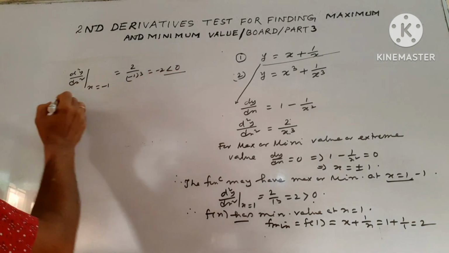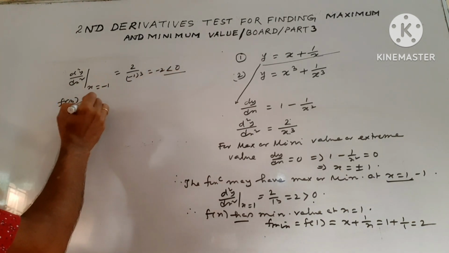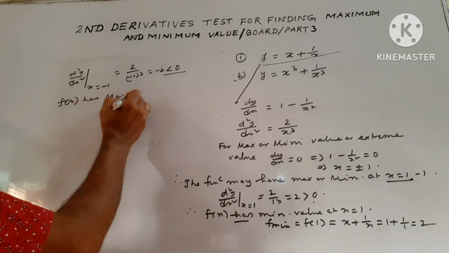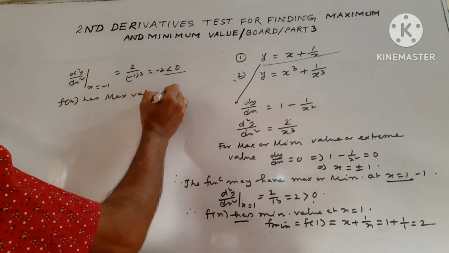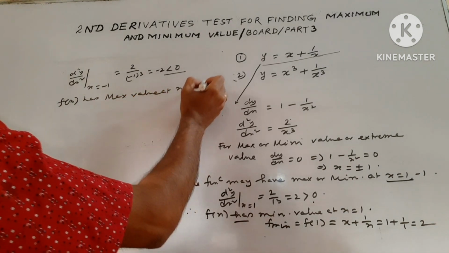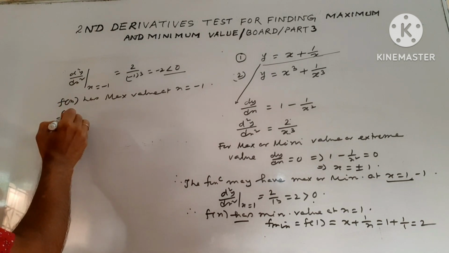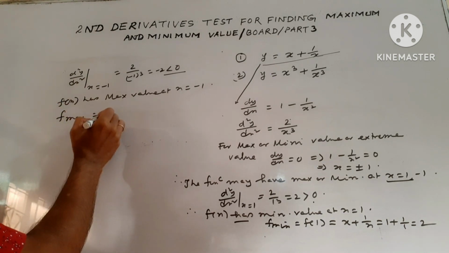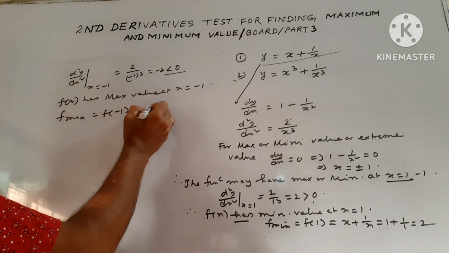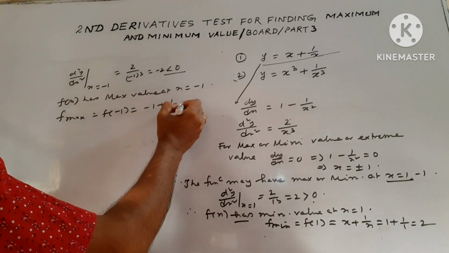So the sure condition: f(x) has a maximum value at x equals minus 1. Now f maximum equals f of minus 1, which is minus 2.